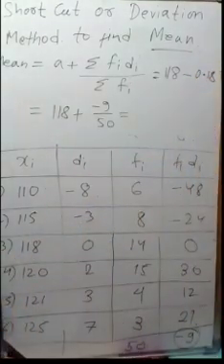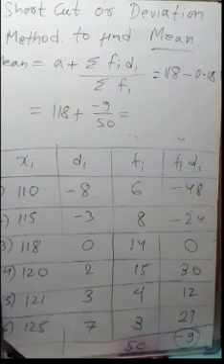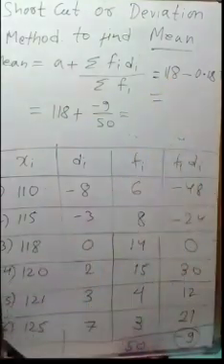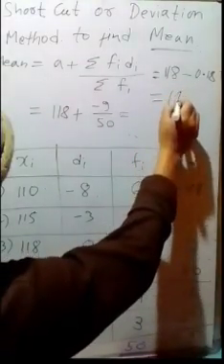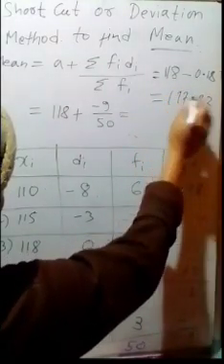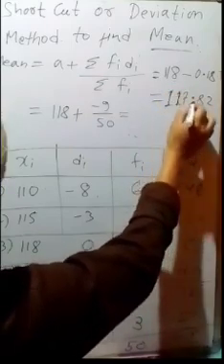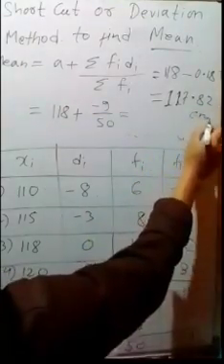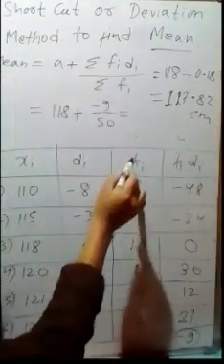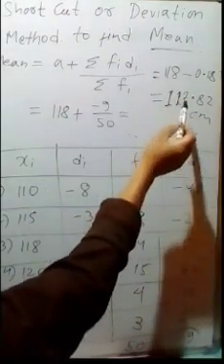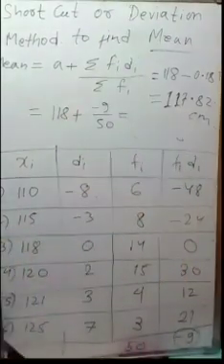You have to subtract 0.18 from 118, and it gives 117.82. This is in centimeter. That means this is the mean of these 50 students. It means the average height of each student will be 117.82. This is called the shortcut or deviation method.